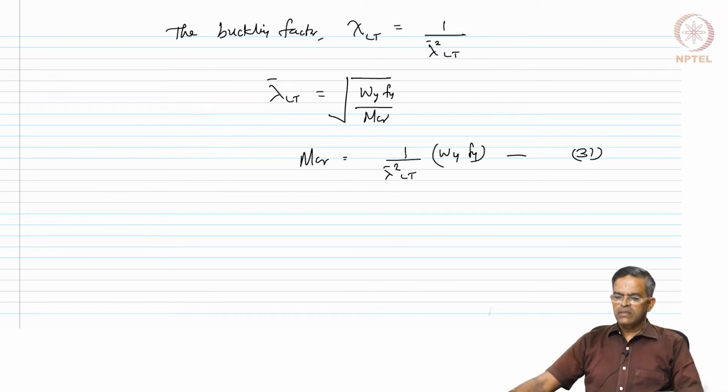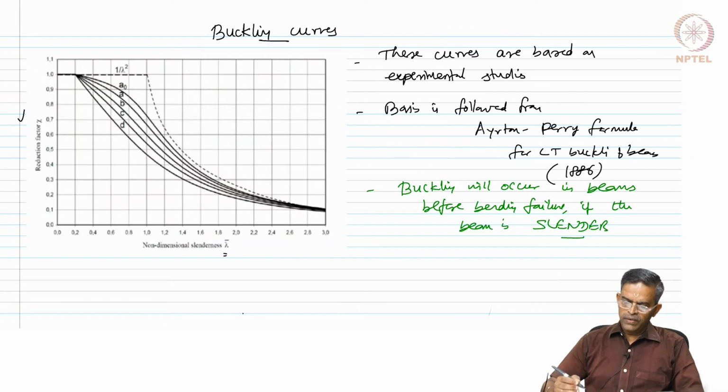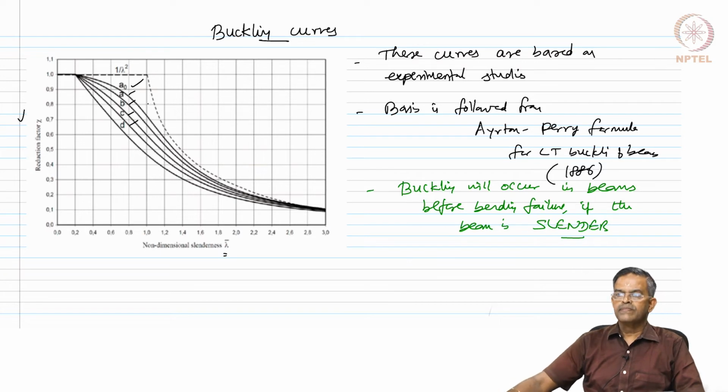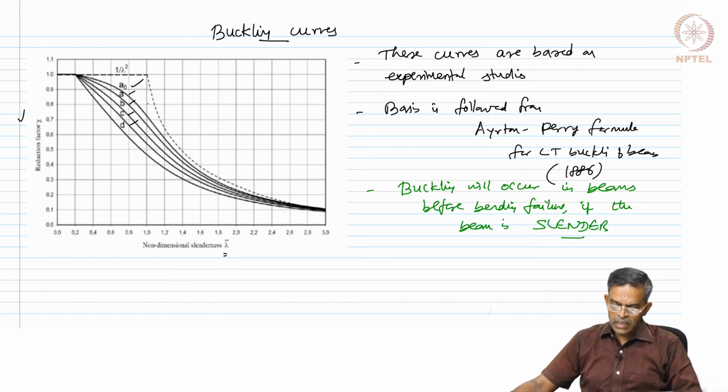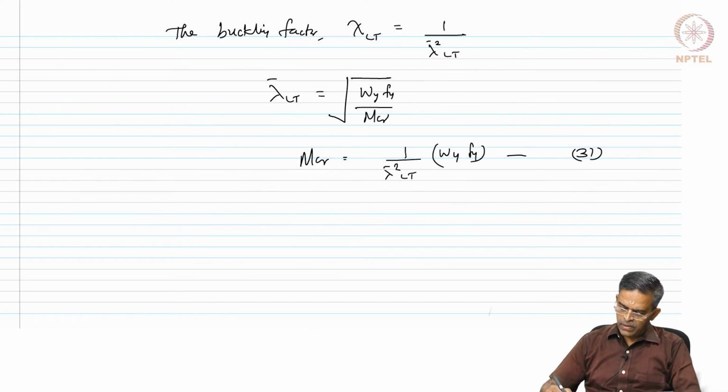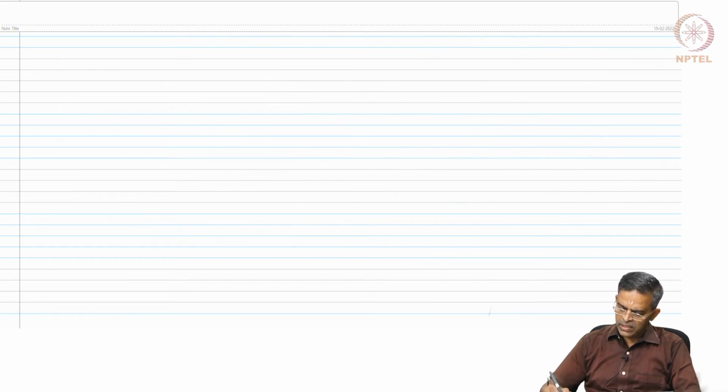Now, we can see in this curve there are different grades like A0, A, B, C, D. They are actually different choices of buckling curves which depend on the cross section, type of steel quality and manufacturing method. Let us see how they vary.